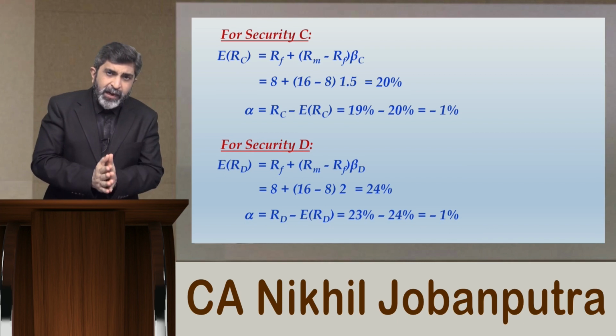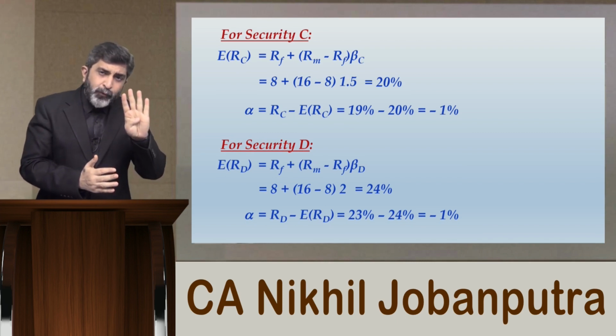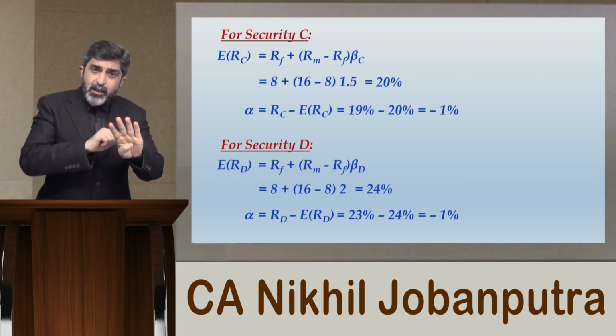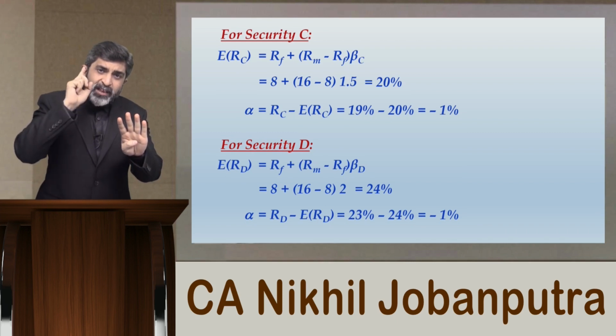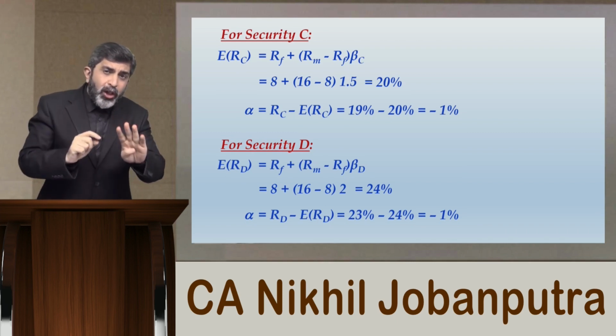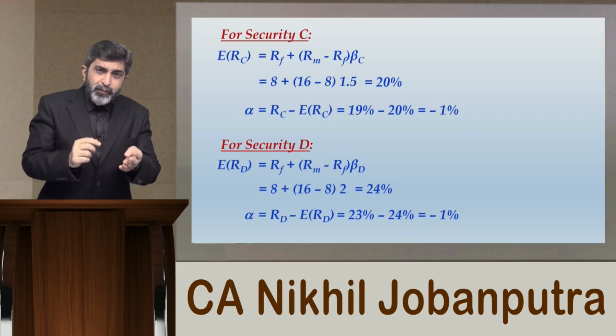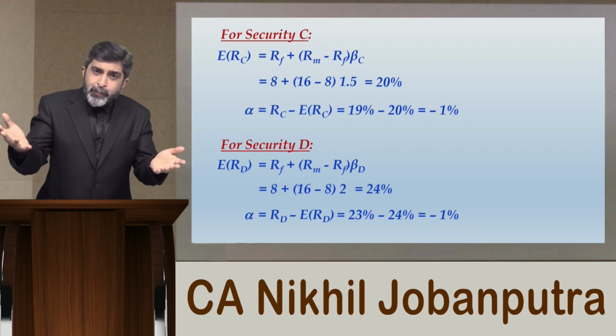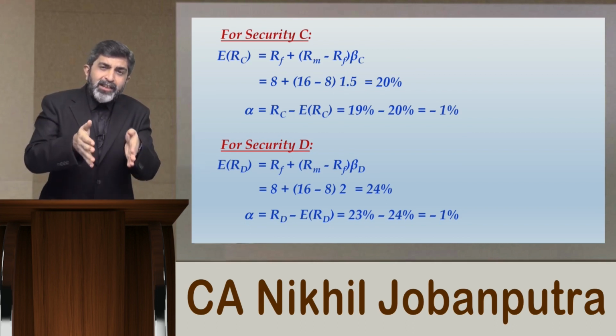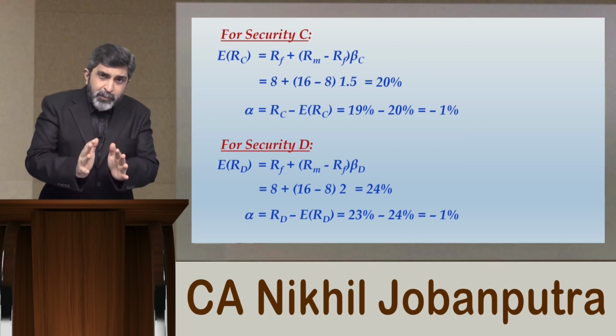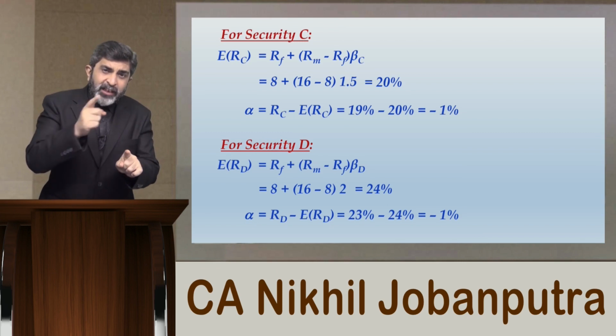Now here what we are finding, the portfolio is comprising of 4 securities A, B, C, D. The alpha of security A, C, D, all 3 are negative. That means you should sell out A, C and D and put all the money in security B. That will make your portfolio alpha equal to the alpha of security B.